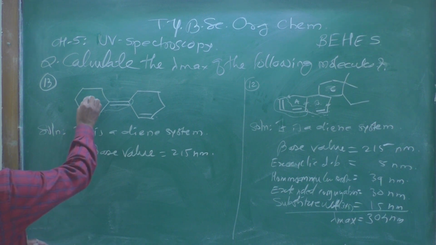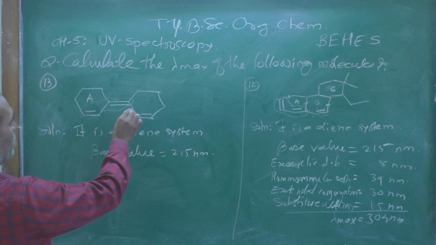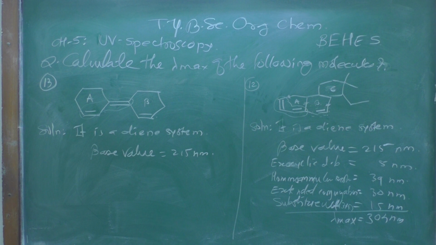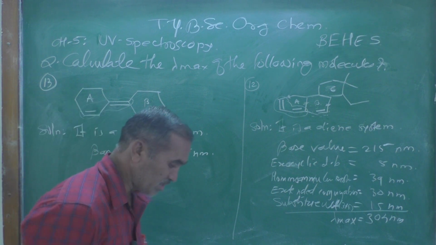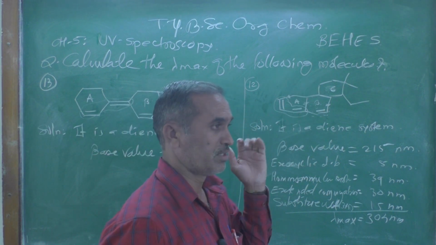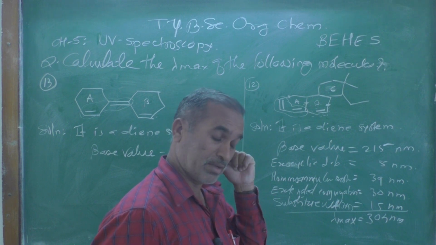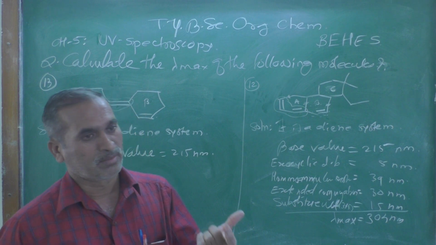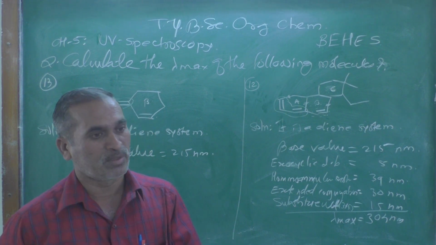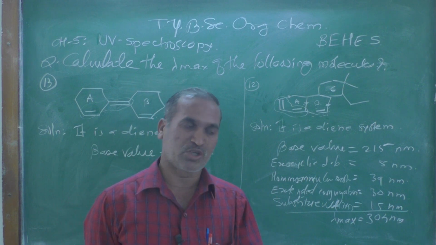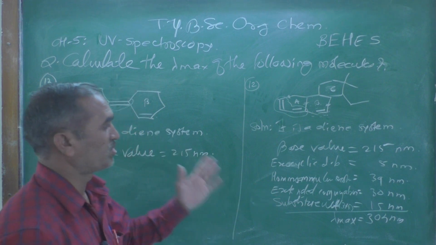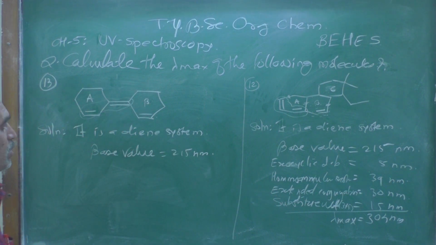Yes, this compound contains rings, so you can label it A, and this will be the B ring. So there are 2 rings. Now if a ring is there, you must consider the possibility of the presence of exocyclic double bonds, the presence of a homoannular system, a possibility of extra double bonds present, and then substituents. So in that way you follow the rules and you will get the correct answer.